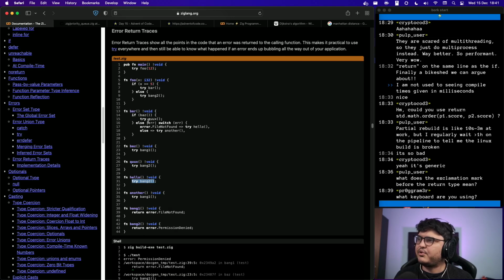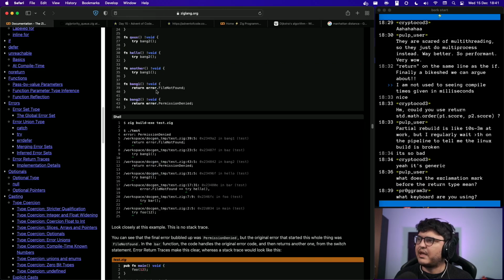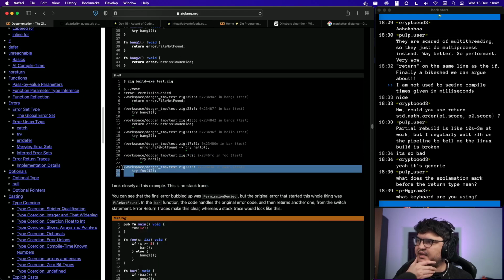And here, for example, you even have this case where if the error is file not found, then another function is tried. And when you then get an error that bubbles up until the end, you also get this, which is the path that the error took, even to the point where it got remapped to another error through the switch case, up until here.